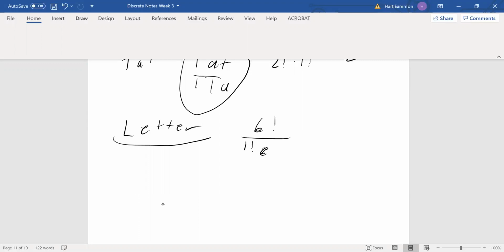E appears twice, so that's 2 factorial. T appears twice, that's 2 factorial. And R appears once, so that's 1 factorial. So we get 6 factorial divided by 2 factorial times 2 factorial. 6 factorial is 720, I believe, divided by 4.